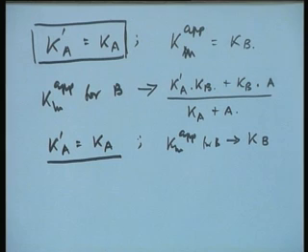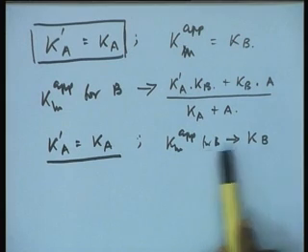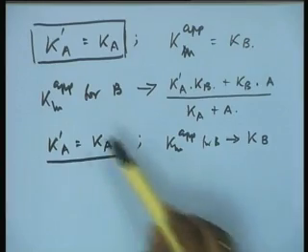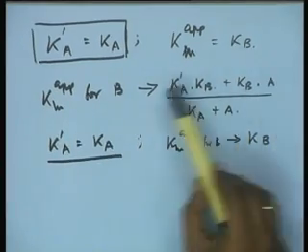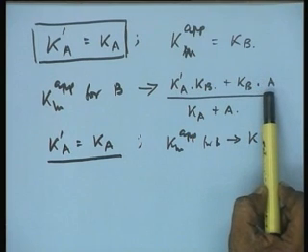If you consider the single substrate reaction, the dissociation constant of the substrate with the enzyme is analogous to the Km value. Whereas in the case of a bisubstrate reaction, that situation is not true. That is only a special case of a bisubstrate reaction, under which the Km apparent for B will become equal to Kb. Otherwise the value will have a different magnitude. Although they will have a relationship, they will be a function of the other substrate concentration.